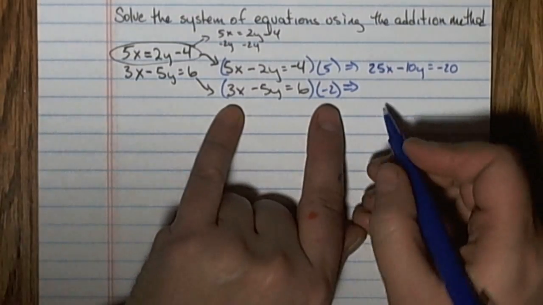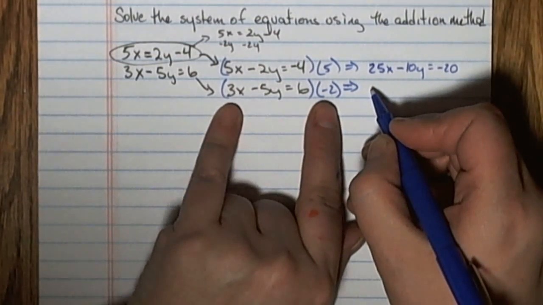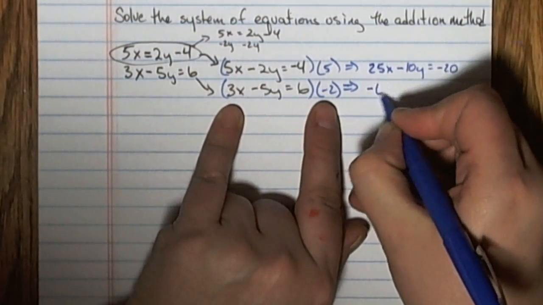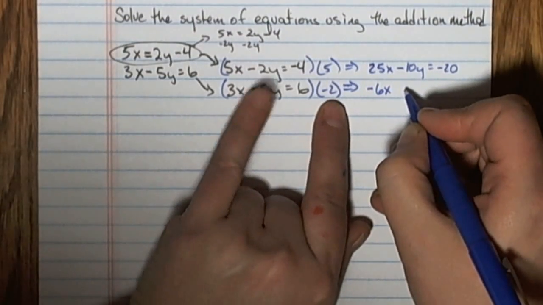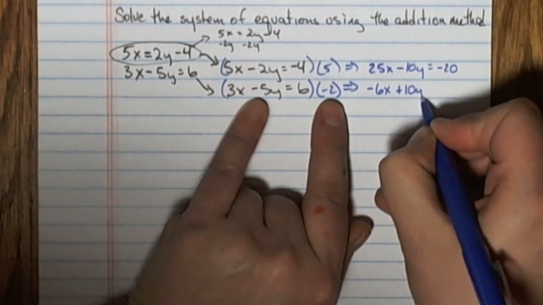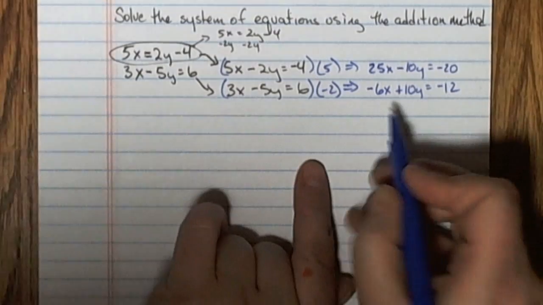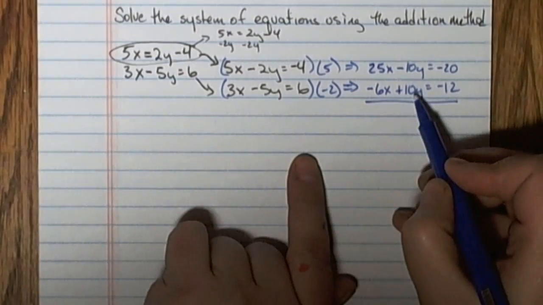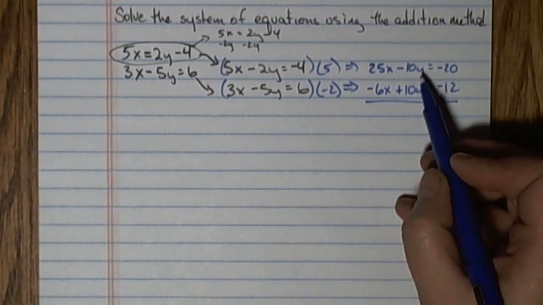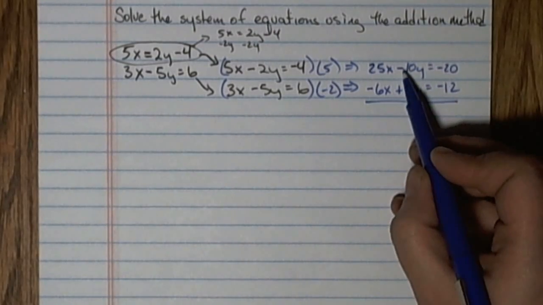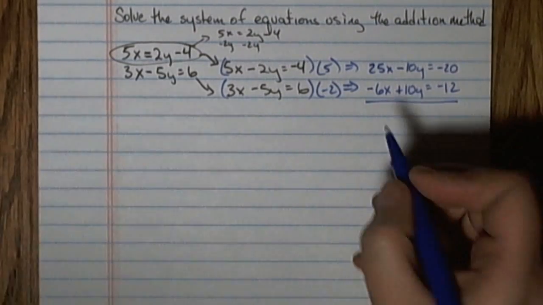And for the second equivalent equation, negative times a positive is a negative 6x. Negative times negative is a positive 10y equals negative 12. So I've set it up so my y terms have the exact same numerical coefficient but with different signs, so they add to 0 and eliminate.